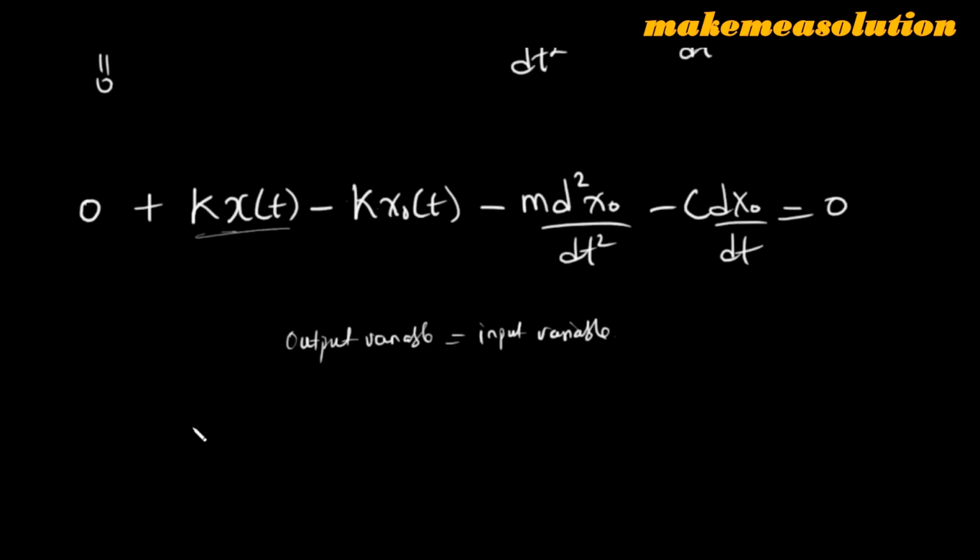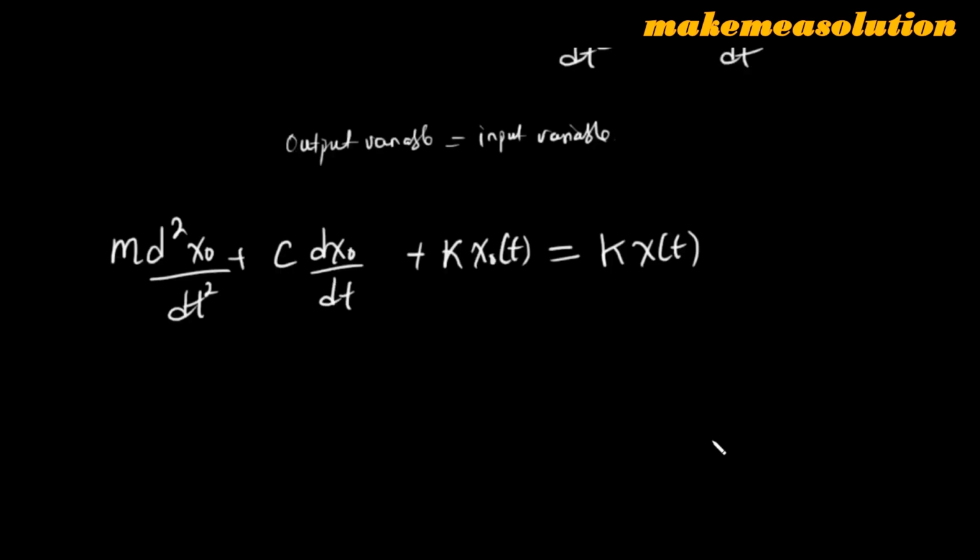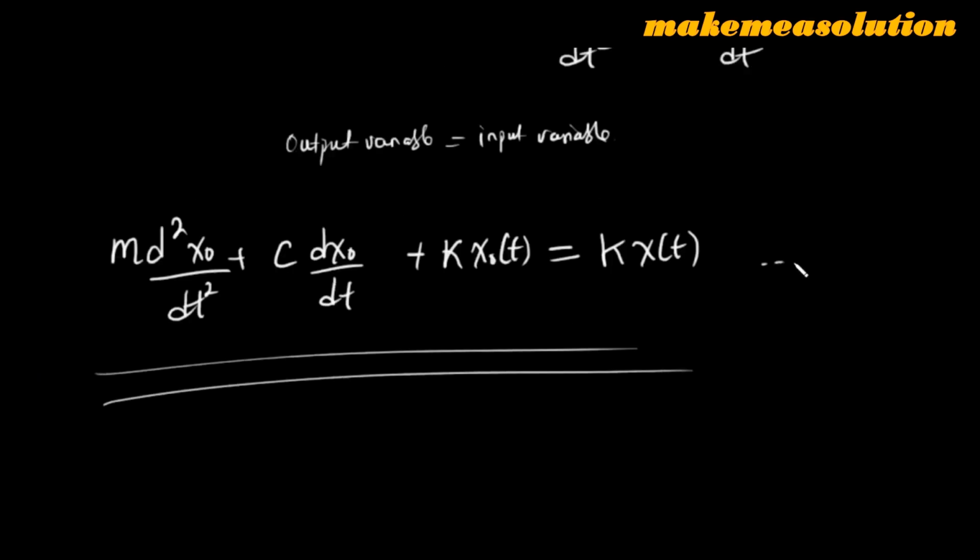If you rearrange this, you're going to get m d2 x naught over dt squared, plus c dx naught over dt, plus k x naught of t, equal to k x of t. At this point, you can stop here. This is the differential equation relating the system, the differential equation that relates the input variable to the output variable for the system.